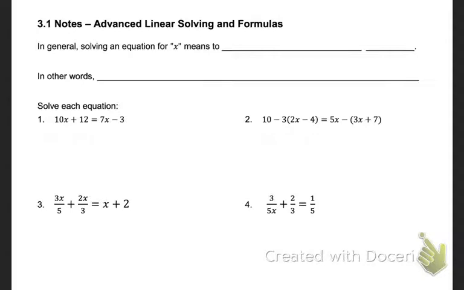So just a few little notes. The first thing is, if you're solving an equation for x, the entire goal is that you want to isolate the x. So you want to get x by itself. And that's a lot easier said than done, right? Sometimes a rule of thumb I like to think about is doing PEMDAS backwards.